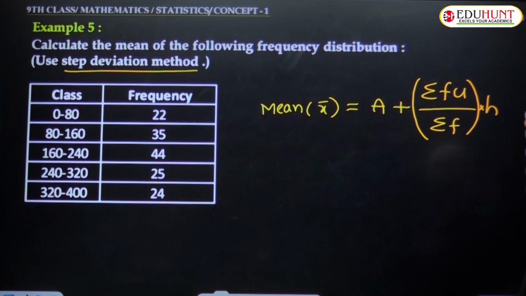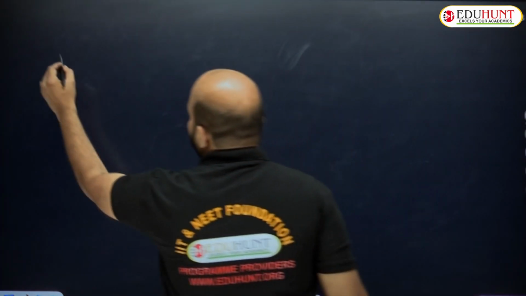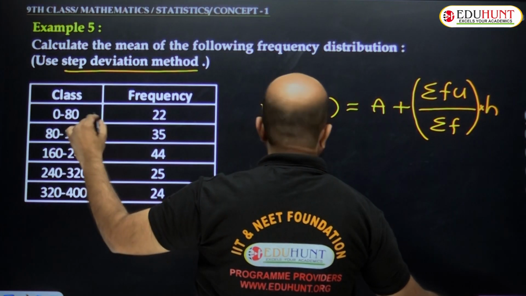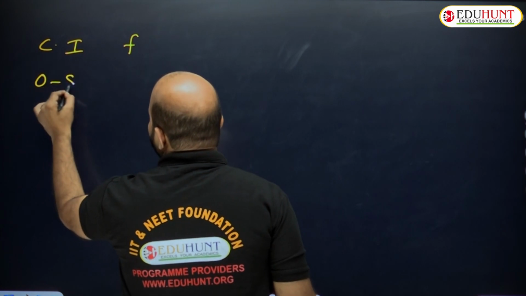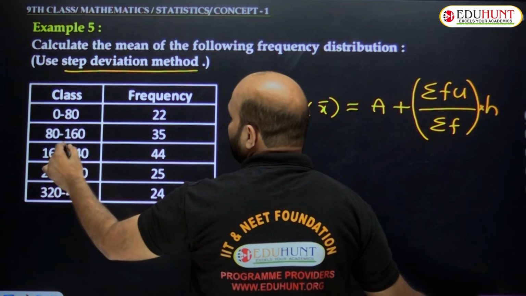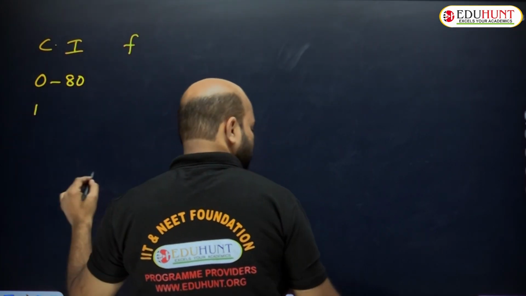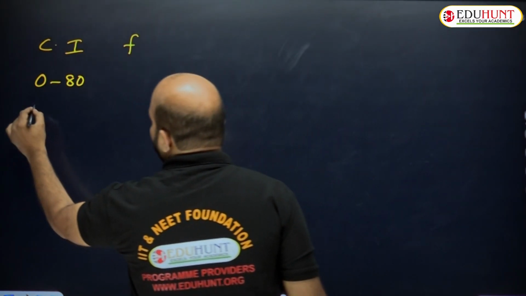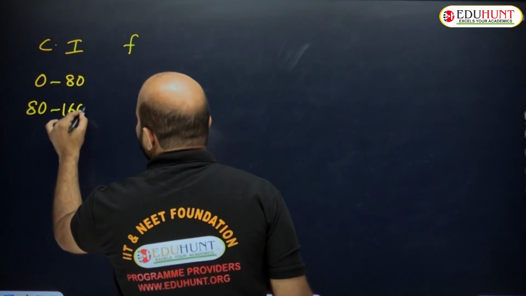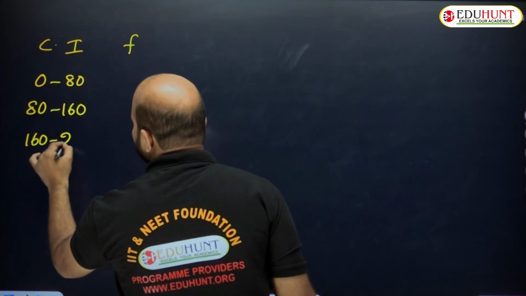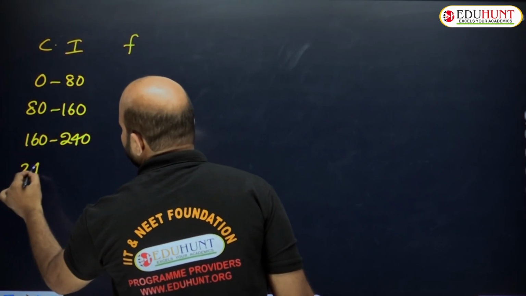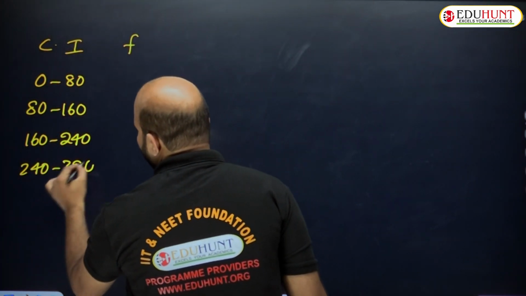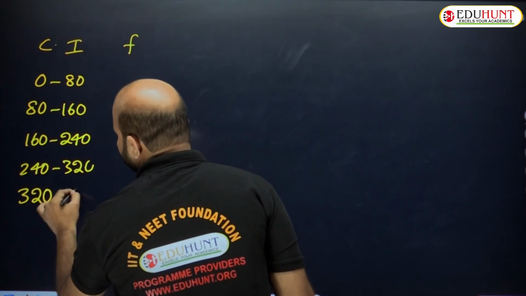Here the class intervals are: first 0 to 80, next 80 to 160, next 160 to 240, next 240 to 320, and the last one 320 to 400, a difference of 80 each time.